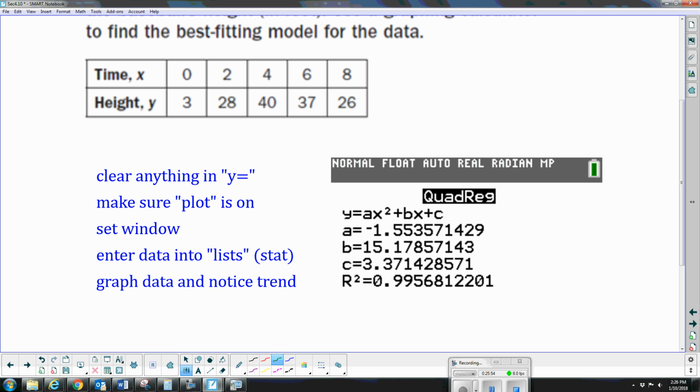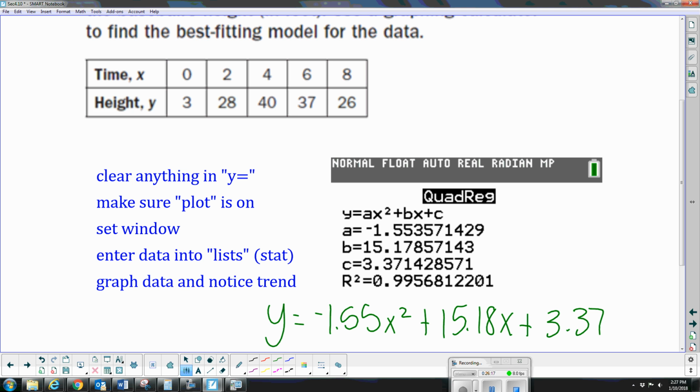So this one should be y equals a, which is negative 1.55x squared plus 15.18x plus 3.37.